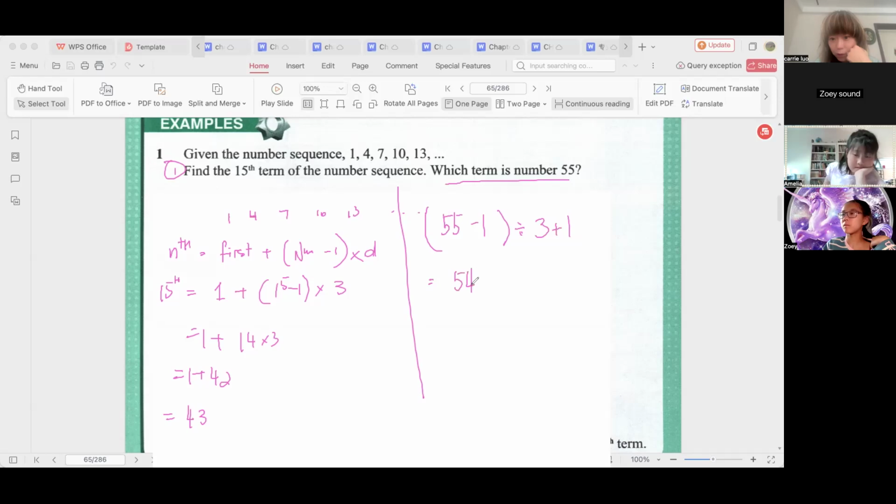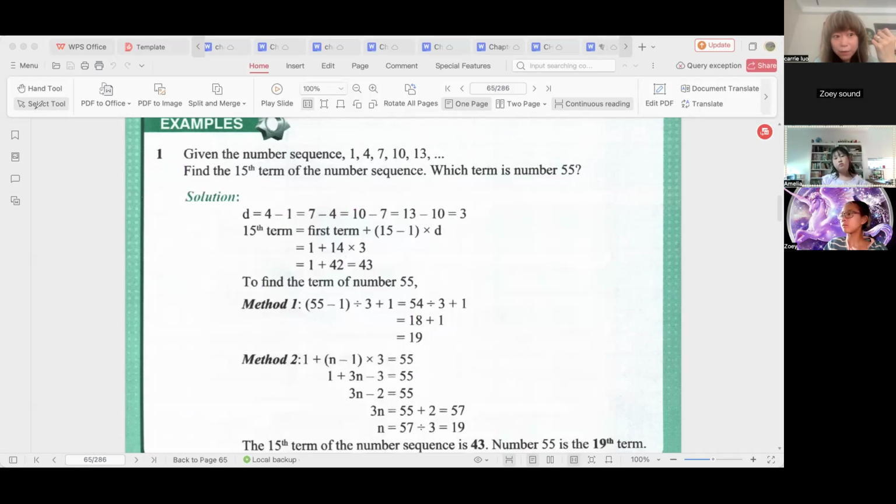So 54 divided by 3 plus 1 equals 18 plus 1, so it's the 19th term. Correct? Just using the formula. I'm not doing anything fancy at all.